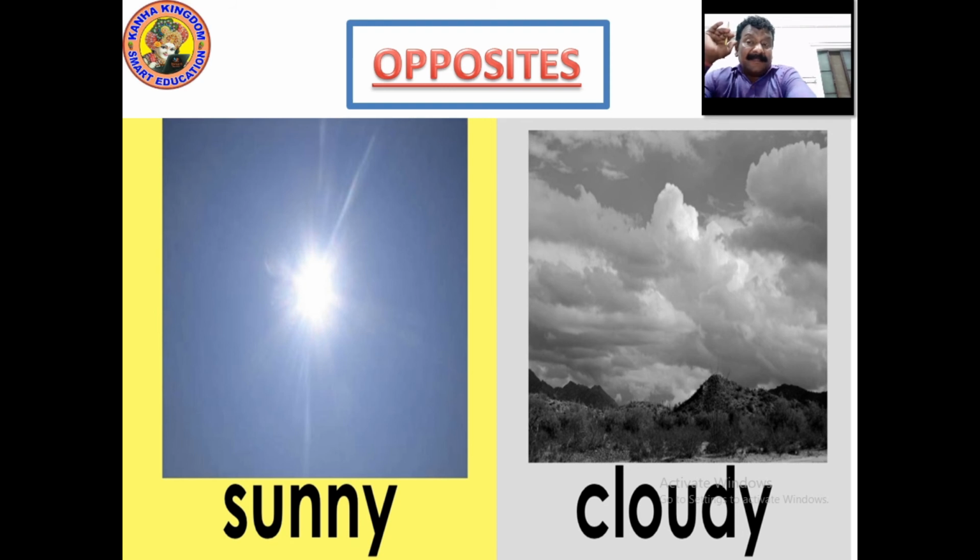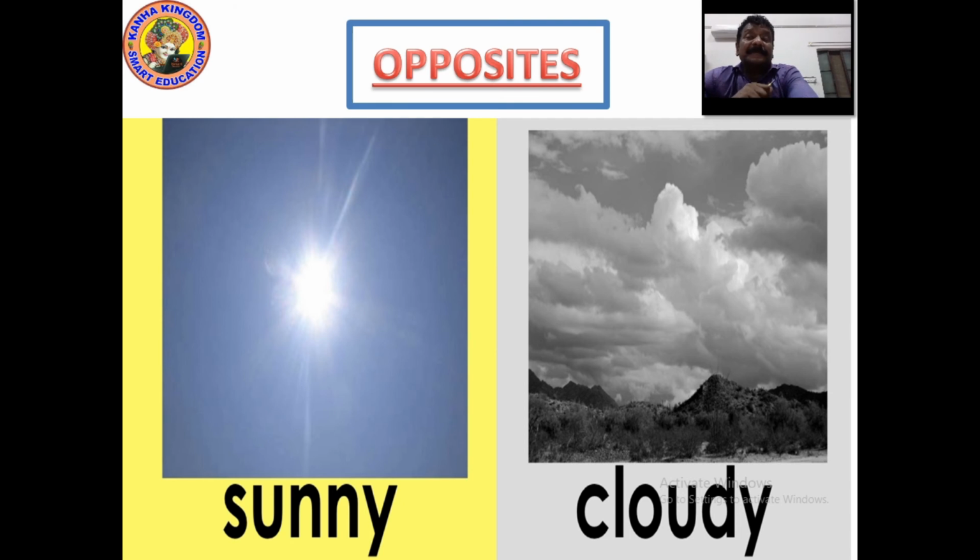The entire brightness of the sun is gone. You feel dark everywhere. You can see that brightness is gone and it becomes dull. The climate becomes very dull. So it's called cloudy weather.